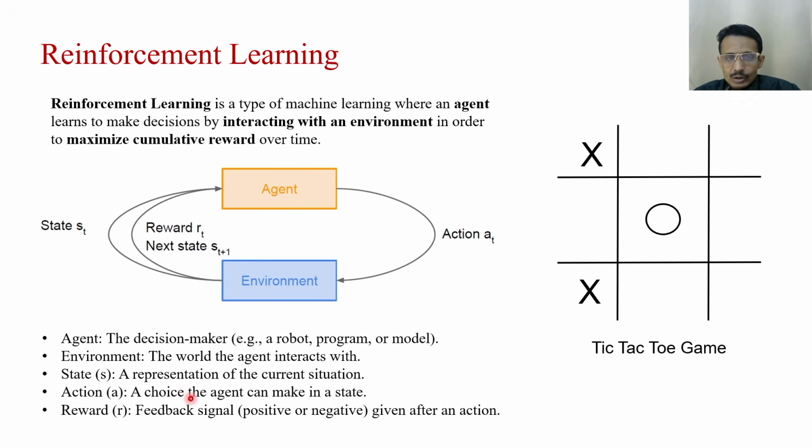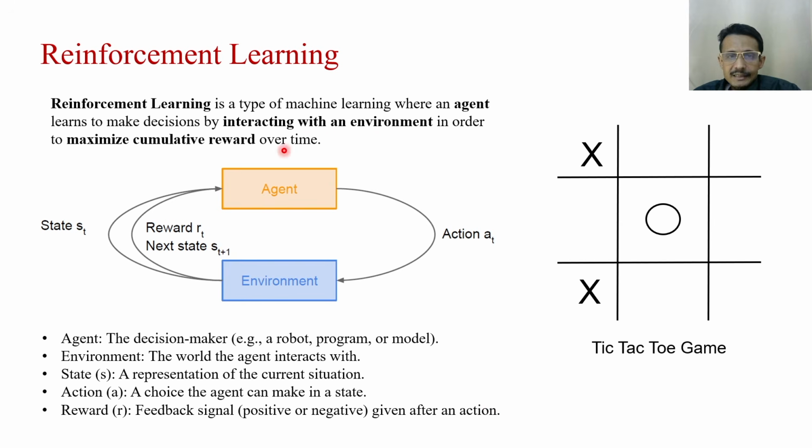So action is a choice that the agent can make in a state. Given this state, how is a particular agent going to take a move such that it wins or at least ensures not to lose the game? And reward is basically measuring the goodness of the move or action. So it's a feedback signal, positive or negative, given after an action.